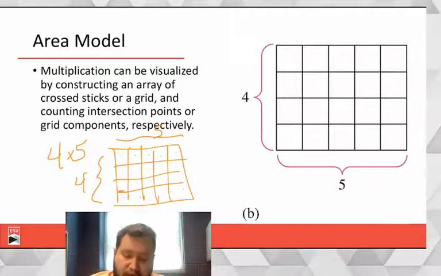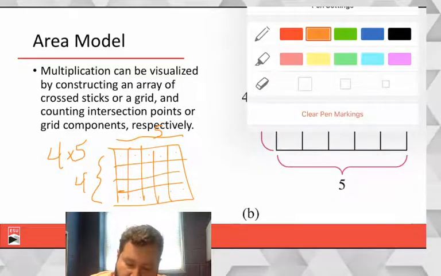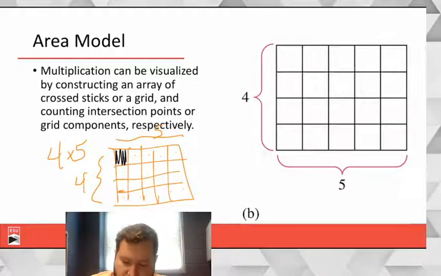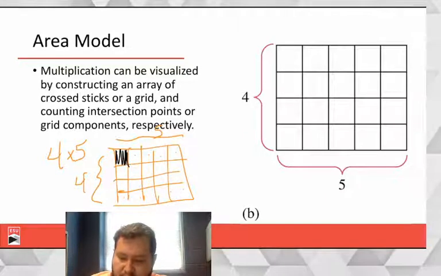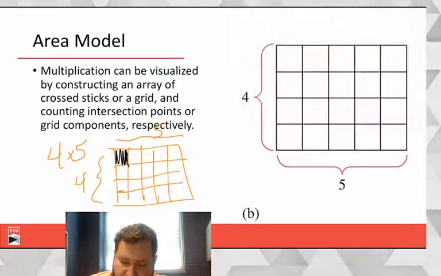And so you can either think of them as the squares. Another way you can think of it is at these corners.